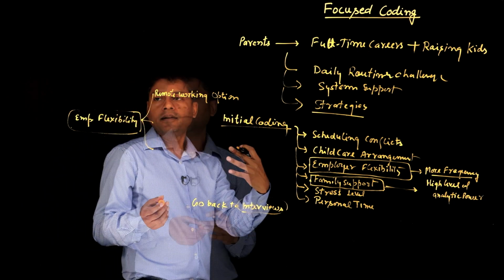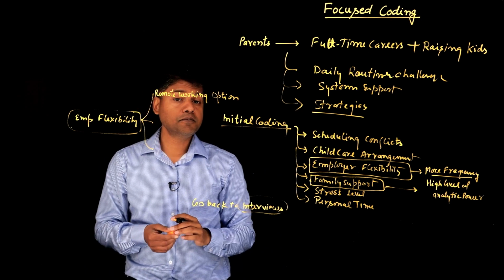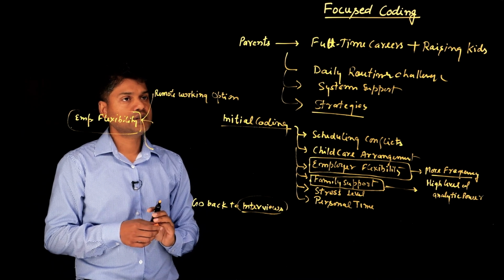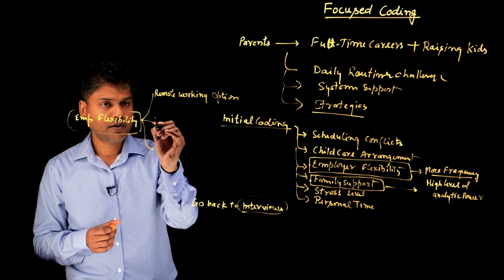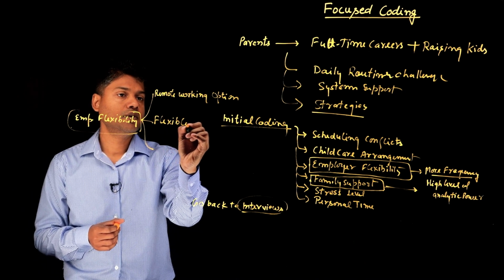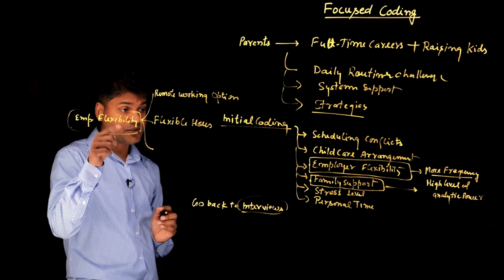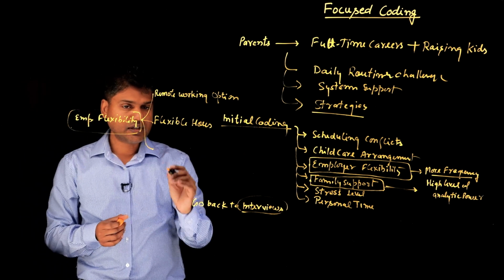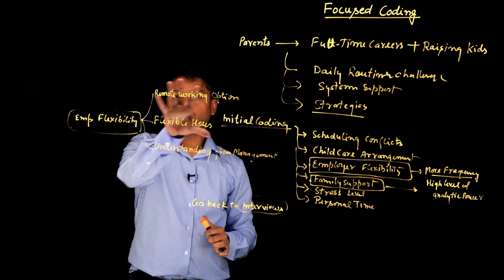Parents shared that employer flexibility in terms of remote working options means they can work from home if they have a problem coming to the office because they have to take care of the kids. Another sub-theme that emerged is flexible hours. And another sub-theme which emerged from the focused coding is understanding from management. And this is my focused coding.